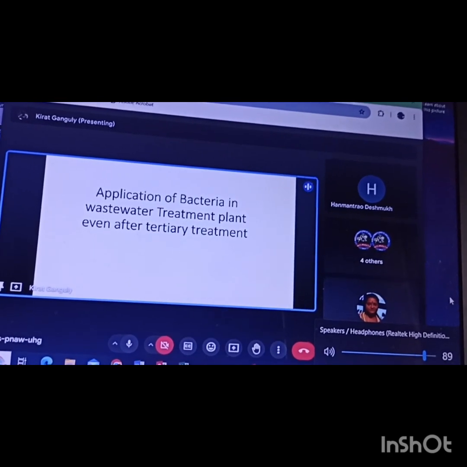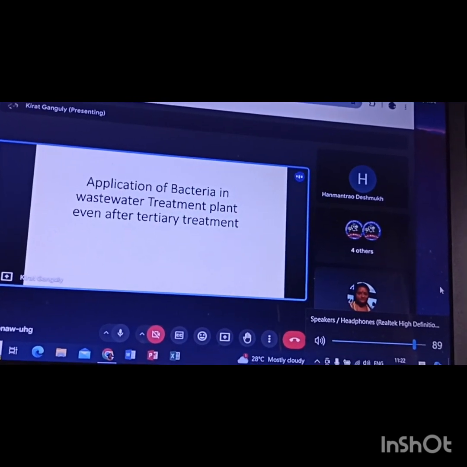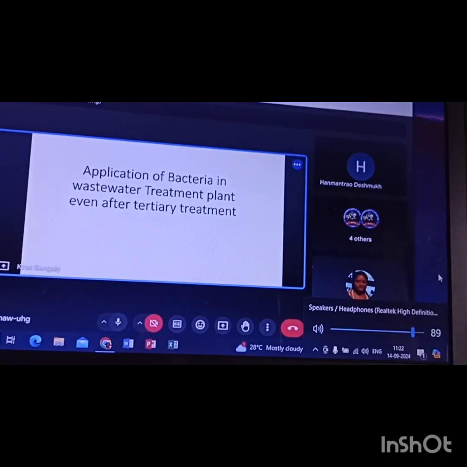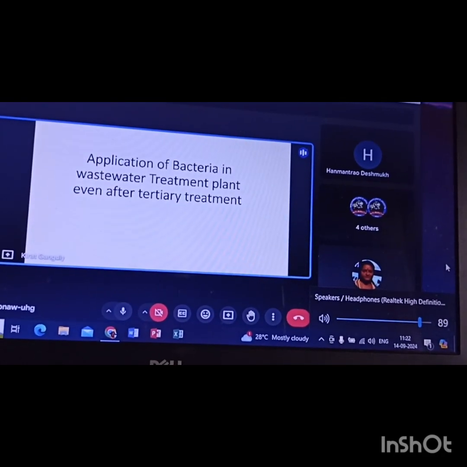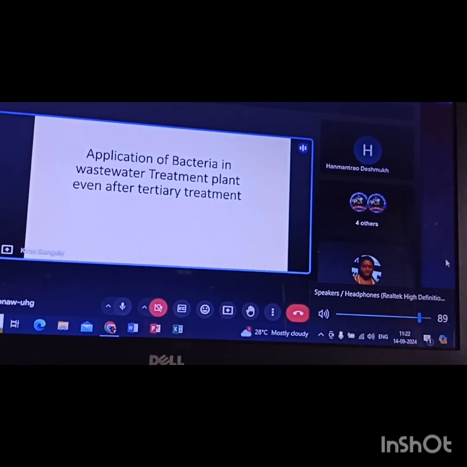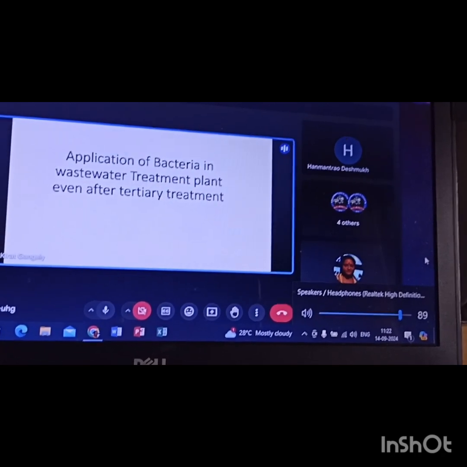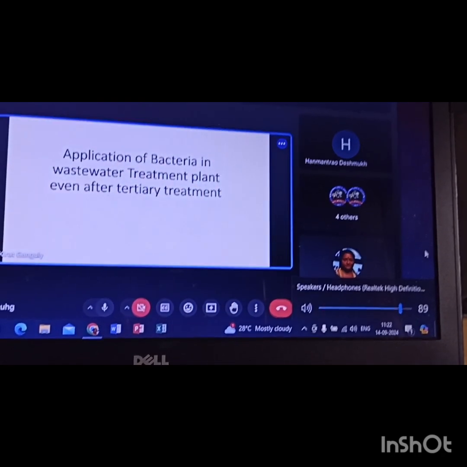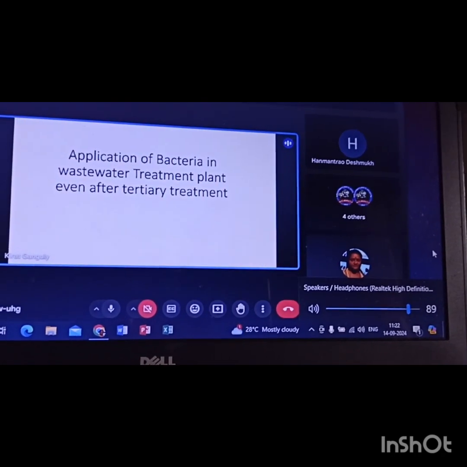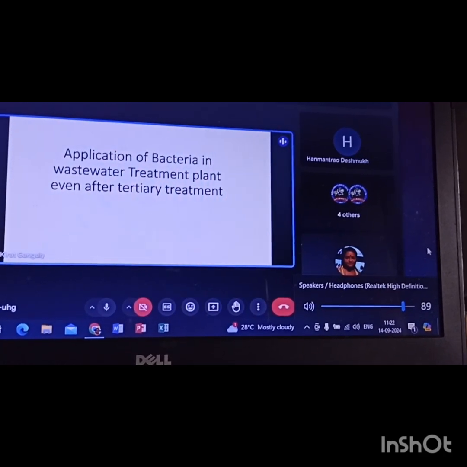And I found they are forming biofilms, and these biofilms are very important in this concept because they absorb the lead and keep the lead around the bacteria, or surrounding the bacteria, so that the water becomes clean.